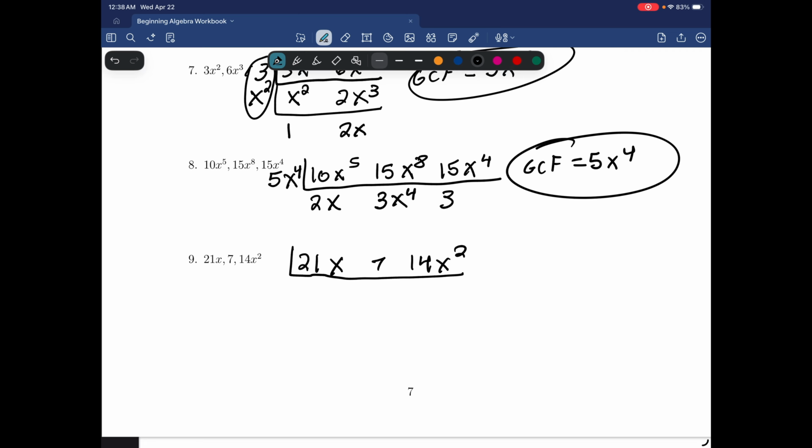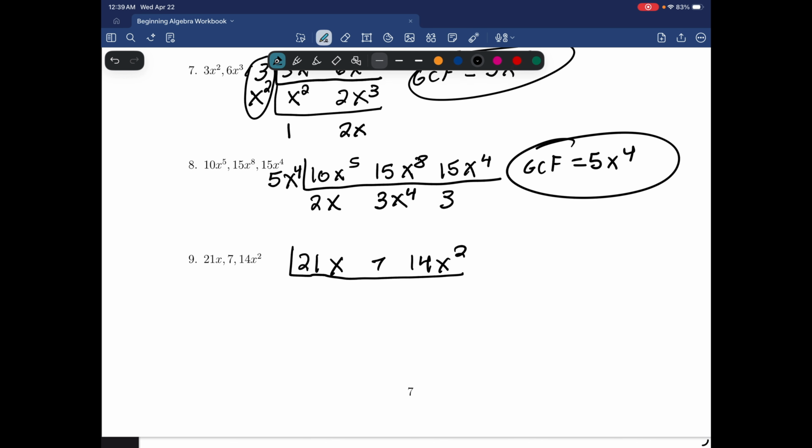So, looking at all of our terms, this middle expression here, 7, does not have a variable. So we can't divide out that variable. We can't divide all three terms by a variable because there's not a variable here. So in this case, all we can divide all three of these terms by is a number.